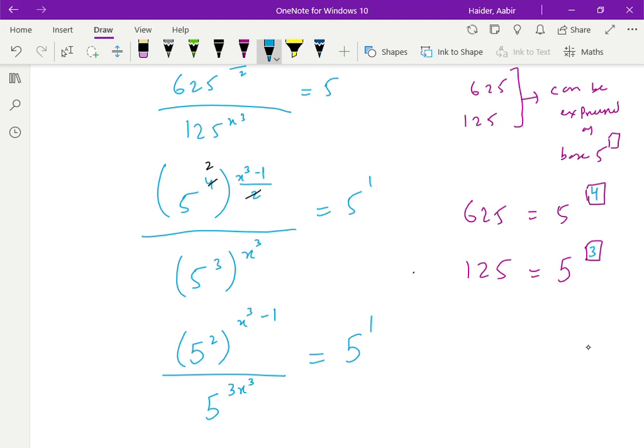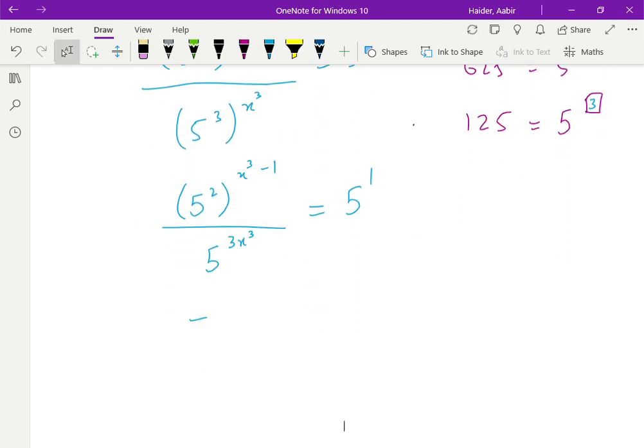Let's write it down, that it also has an index which is 1, because sometimes students think there is no index so it's 0. It's not 0 guys, it's 1. Let's multiply these two and they will become 2x cubed minus 2. Because of the rule of indices, you can just multiply further indices if you have an index over another index, just like in this case.